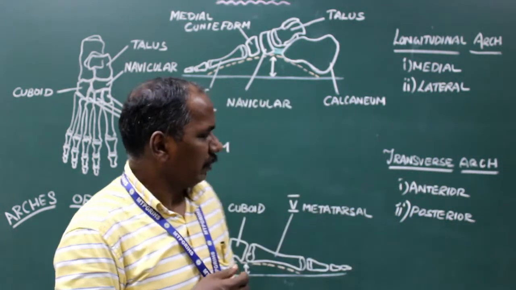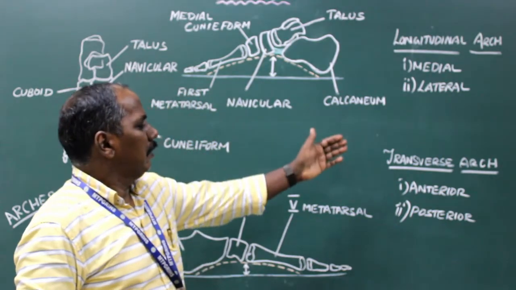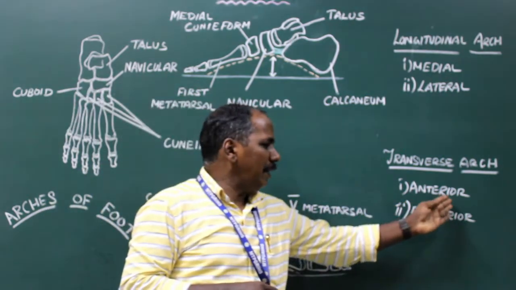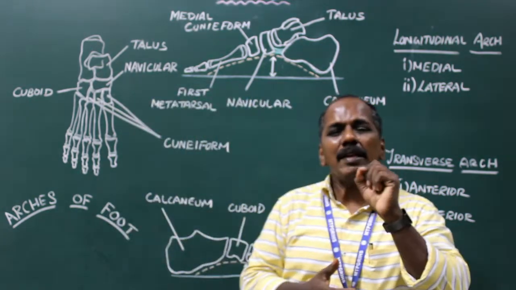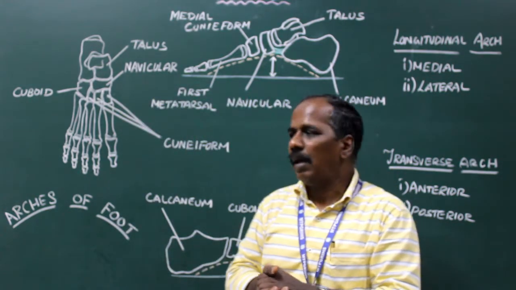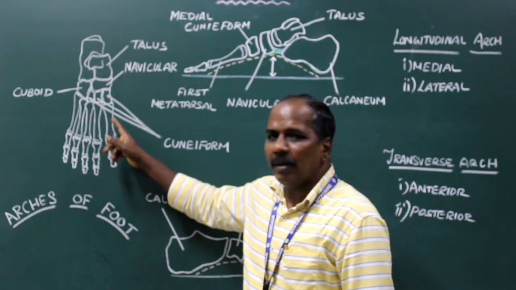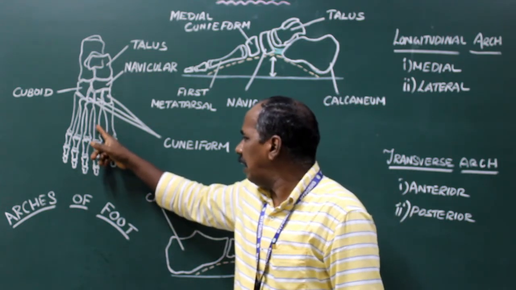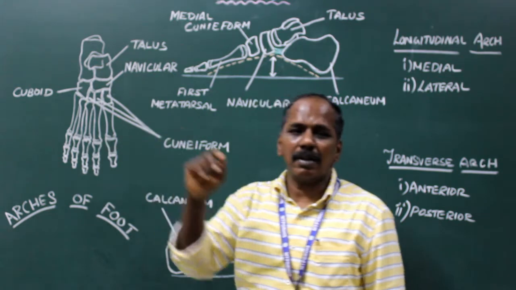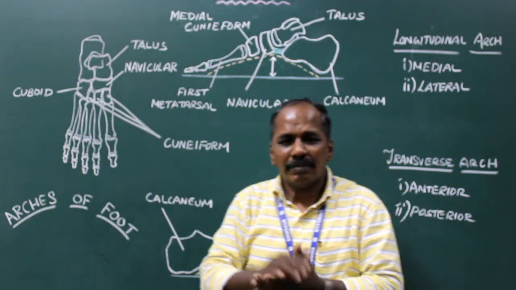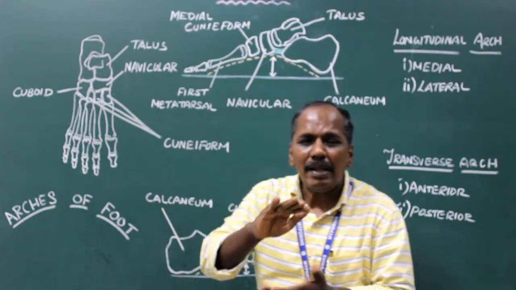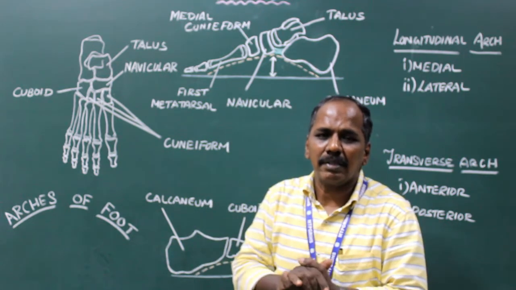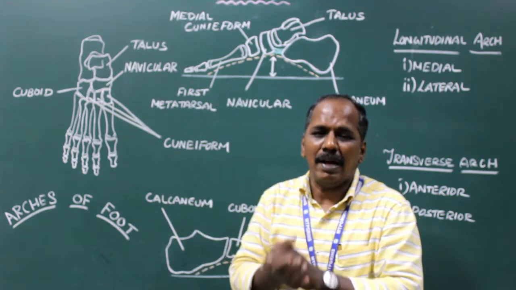Transverse arch. There are two transverse arches, anterior transverse arch and posterior transverse arch. Anterior transverse arch: it is formed by the bodies of first, second, third, fourth and fifth metatarsal bones. So the first to fifth metatarsal bones form the anterior transverse arch, which is a complete arch.